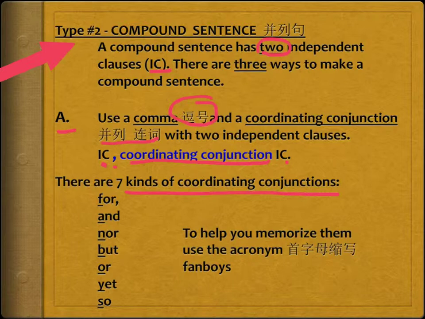Here's an easy way to help you memorize it. You can use the acronym FANBOYS, F-A-N-B-O-Y-S. This spells fanboys. It will help you remember the 7 coordinating conjunctions: for, and, nor, but, or, yet, and so.